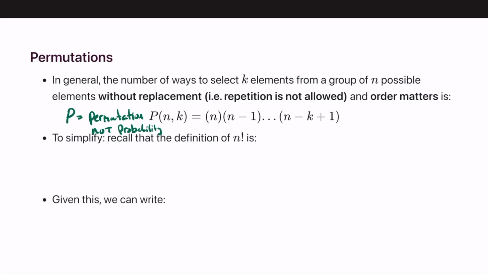And the definition of n factorial, because that's a good place to start with this, maybe we'll do it in yellow, is n factorial equals n, so some number, times n minus 1 times, let's say, 2 times 1. So assuming that n is some number larger than 2 here.